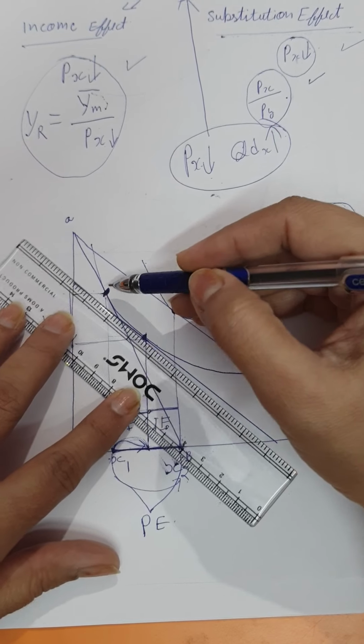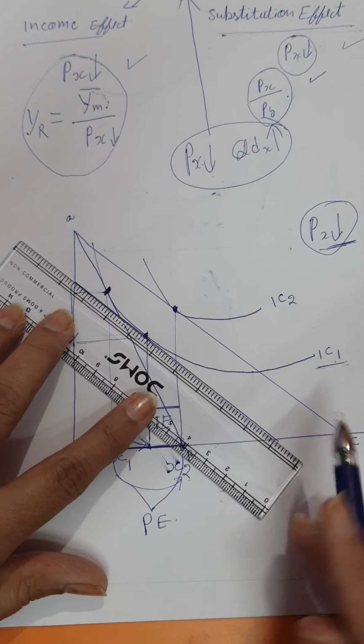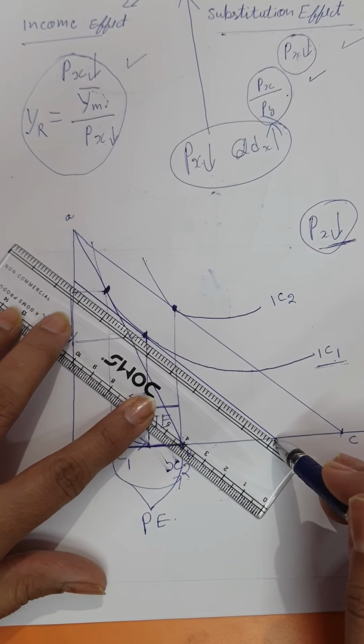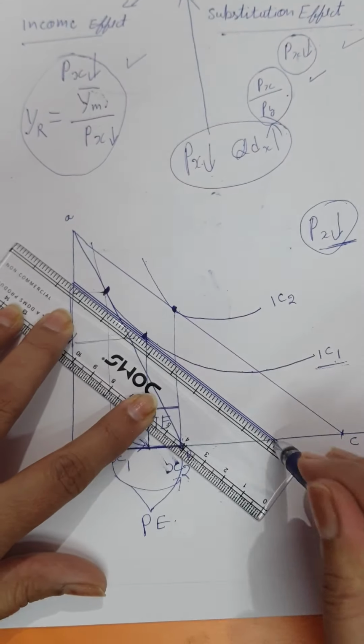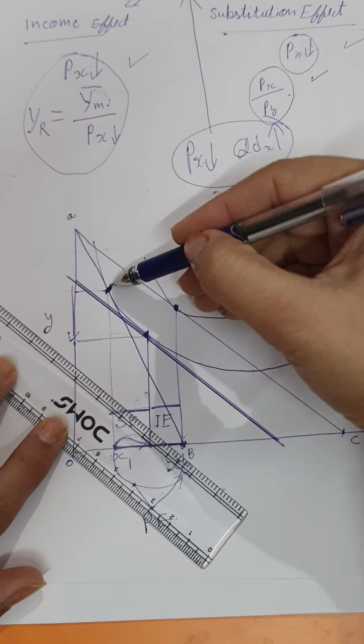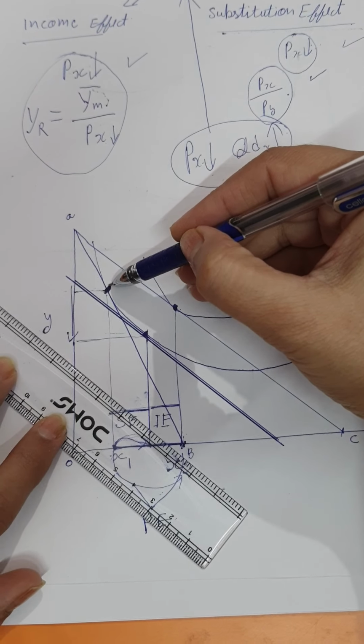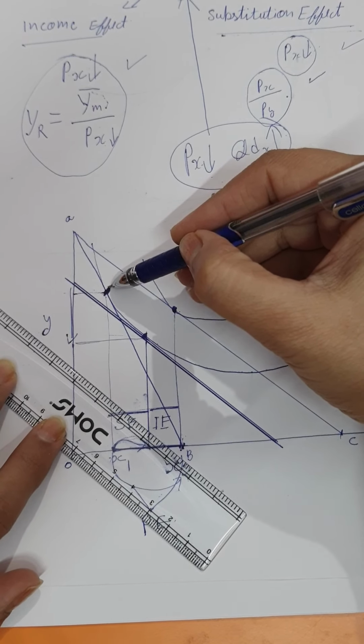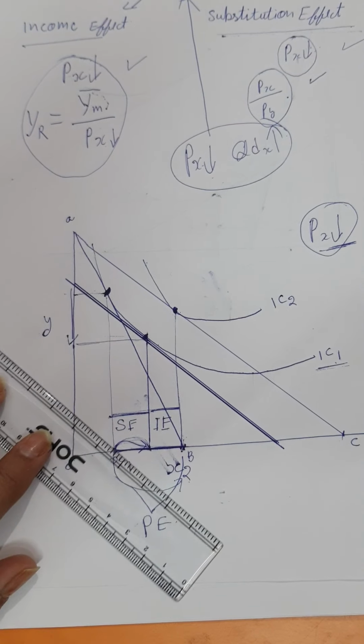He is not able to purchase that because this is the new budget line after compensation variation. It was the new budget line, you can see, and this is the point he was operating on before changing x. So how to solve this problem?